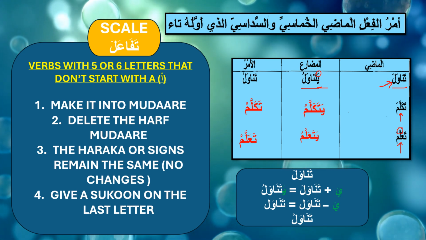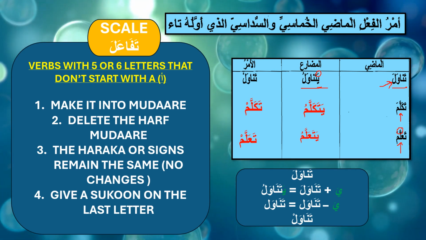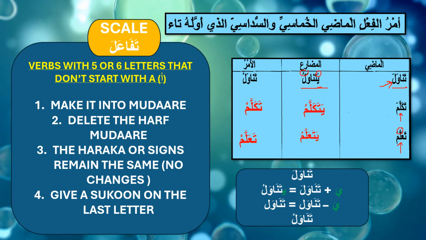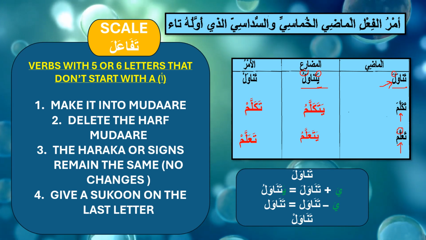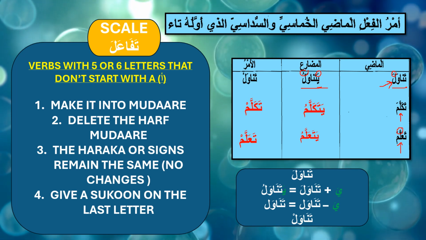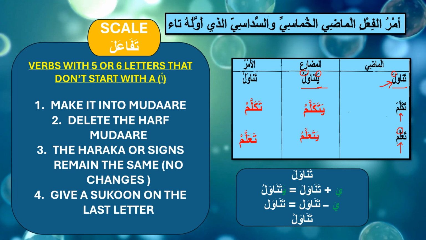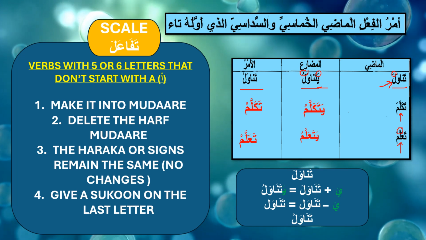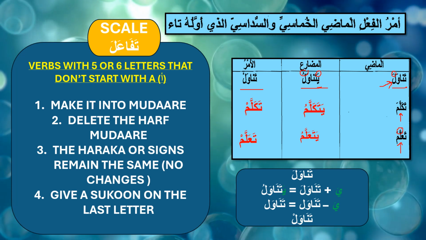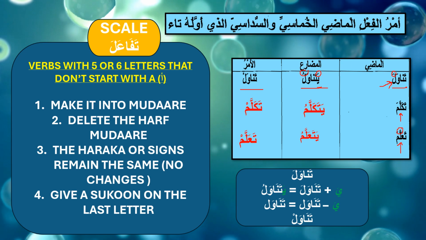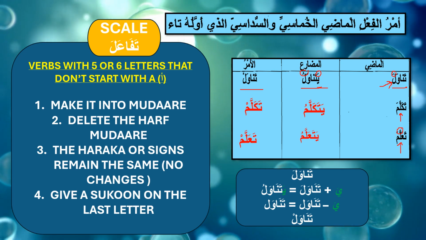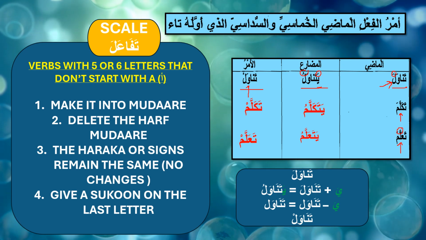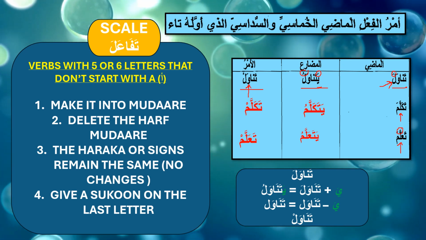As you know, in the present tense structure, the last letter has a dhamma. So the last letter gets a dhamma instead of a fatha because we are making it into a present tense. But when it changes into a command, what happens? We just delete the harf mudare. There is no addition of hamzatul wasl or hamzatul qata, and the structure remains the same with the second letter having a fatha. There is no kasra here.